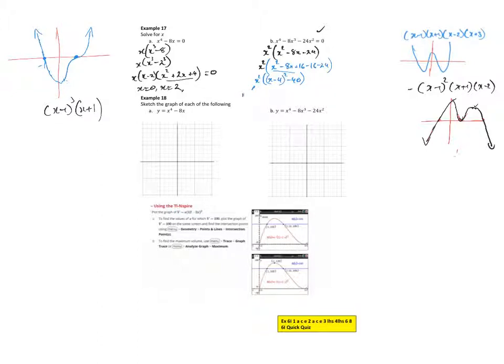This one here gives me x equal to 0. If I solve that equal to 0, I get x minus 4 all squared is equal to 40. X minus 4 equals plus or minus the square root of 40. So x equals 4 plus or minus root 40. Well, it's the same as 4 times 10, isn't it? Root 4 by root 10. So we'll call that 2 root 10. All right, so there's my intercepts there.